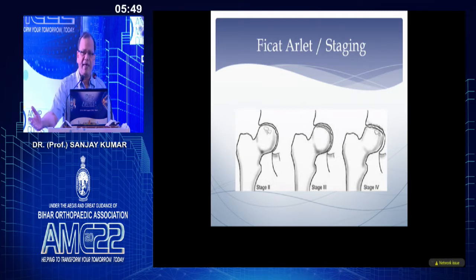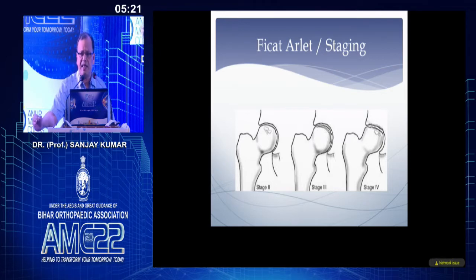From our medical school days, the one classification which is very famous is the Ficat-Arlet classification, which is radiological based. As we all know, in stage 1 there will be no change in the X-ray. Stage 2, only some cystic or lytic changes in the head.